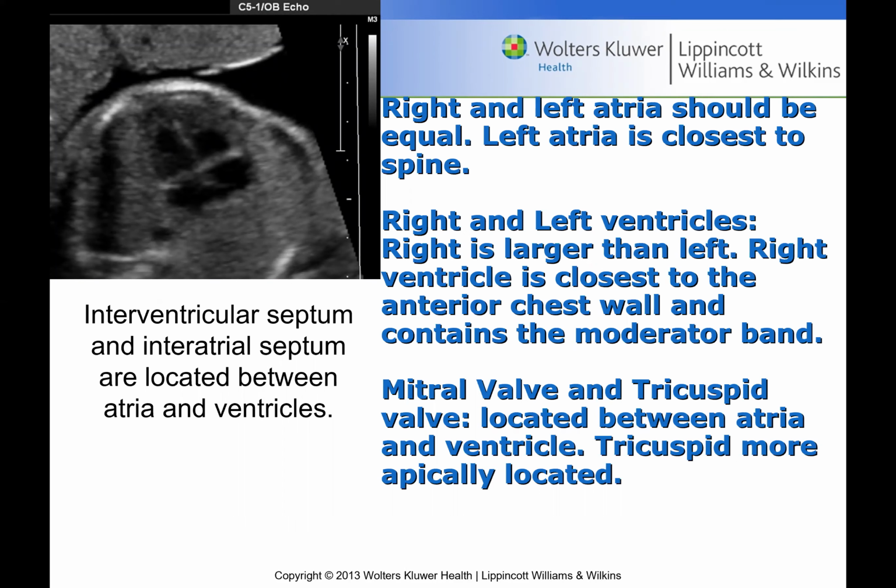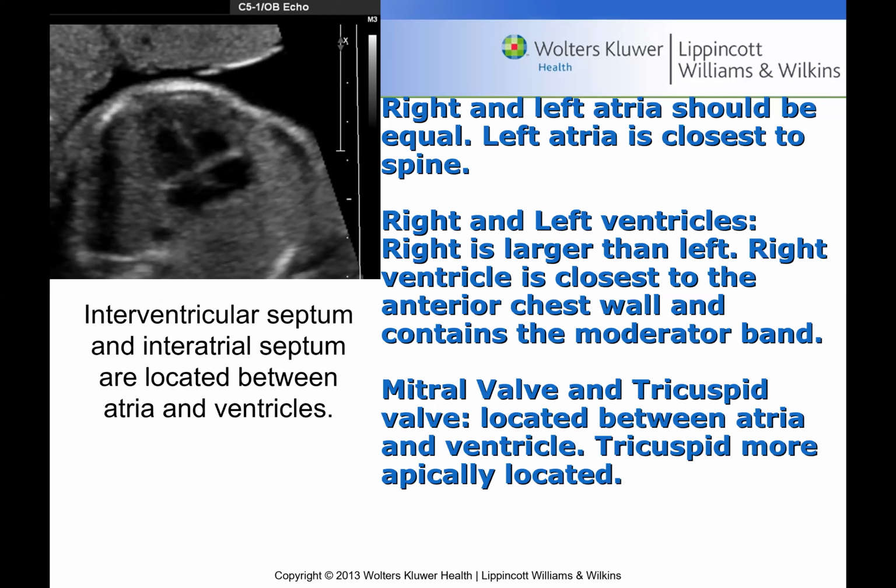The right tends to be larger, although sometimes it doesn't look that way because the moderator band, in the apical portion of the right ventricle, can make it look not as large. But usually, especially in the 3rd trimester, the right ventricle is larger, because of the pulmonary artery and ductus arteriosus pushing that blood through the heart.